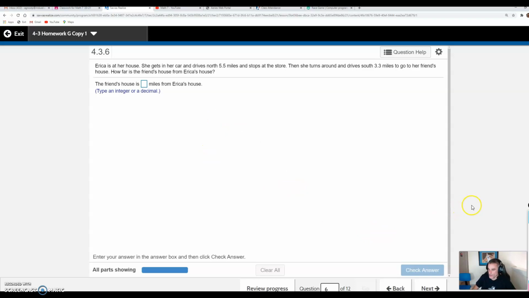All right, so I'm going to start by drawing a little picture here. Maybe I'll make a big dot where Erica's house is. So let's pretend that this is Erica's house. I'll say E's house.